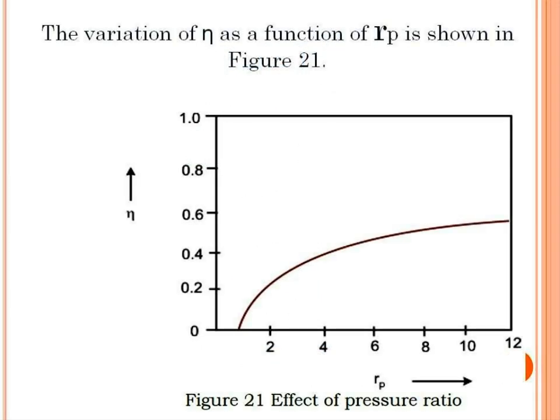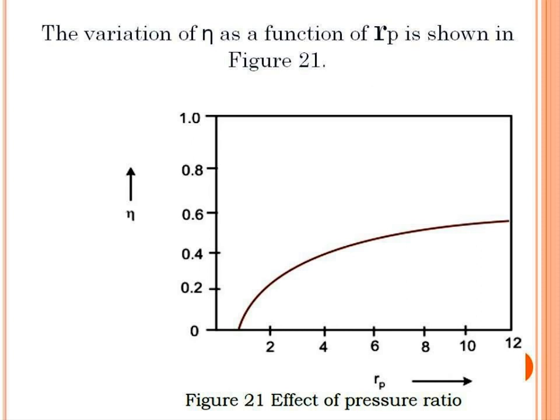So you can see the graph of efficiency versus pressure ratio for an open cycle gas turbine power plant. Here you can find that when there is a rise in the pressure ratio, the efficiency of the simple open cycle gas turbine power plant is increasing. That means as the pressure ratio goes on increasing, the efficiency goes on increasing.